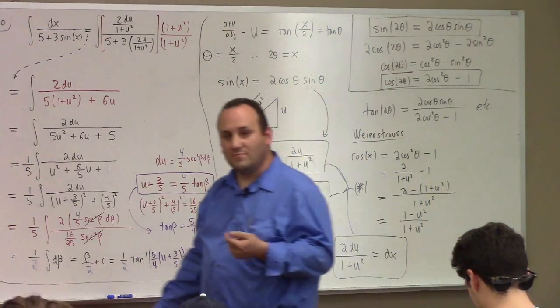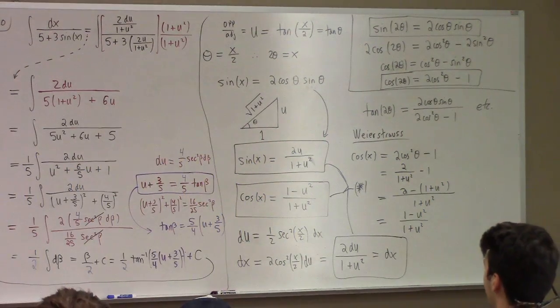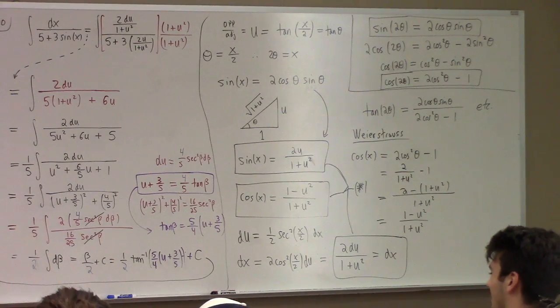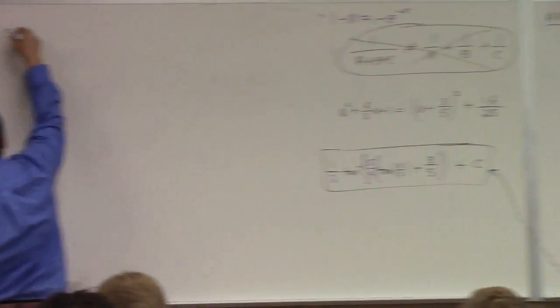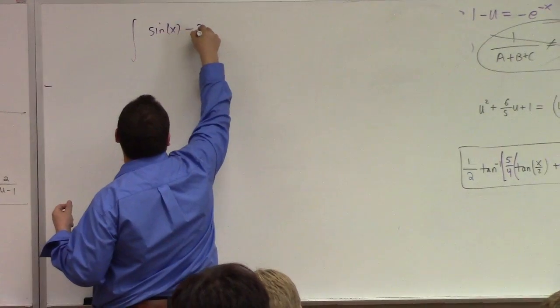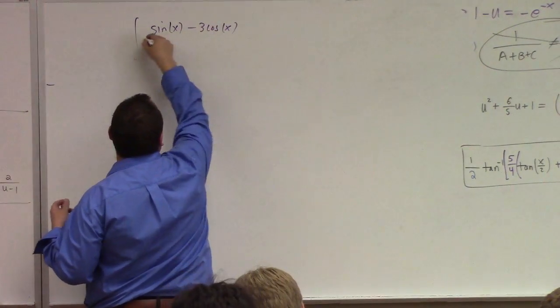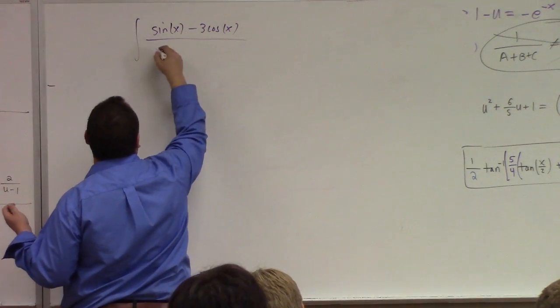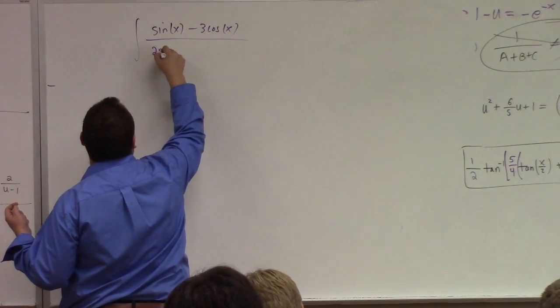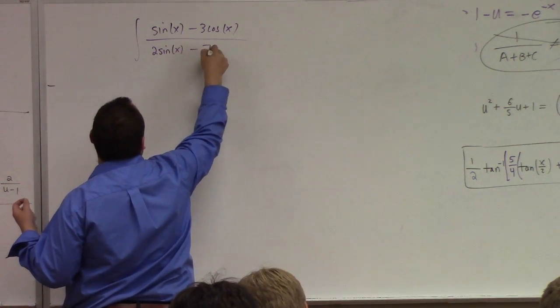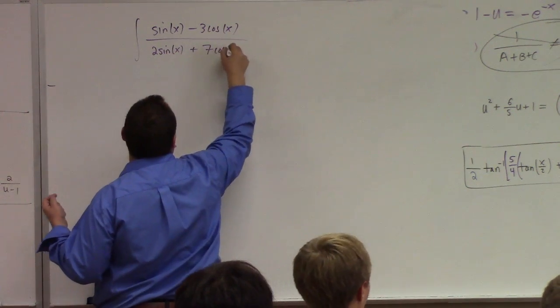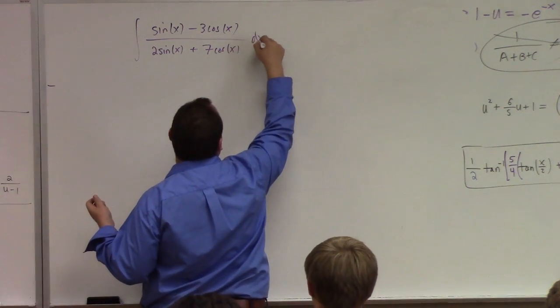Yep. Sorry. Oh, you're just stretching? Cool. Will you give us one hard? Check this out though. Like the integral of, say, sine x minus 3 cosine x over, I don't know, 2 sine x minus 7 cosine x, plus 7 cosine x, I'm sorry, excuse me, what was I thinking? dx.